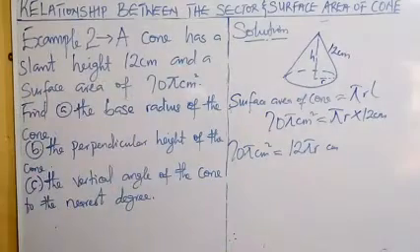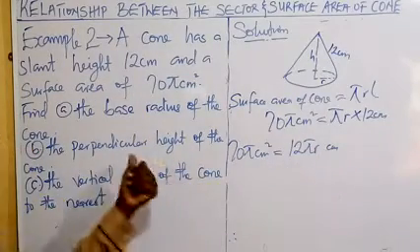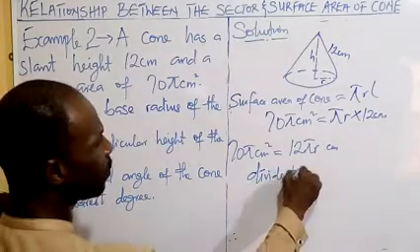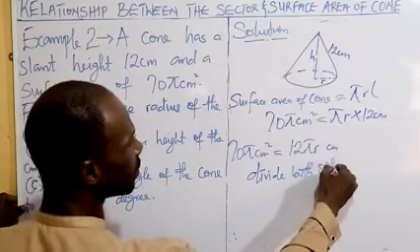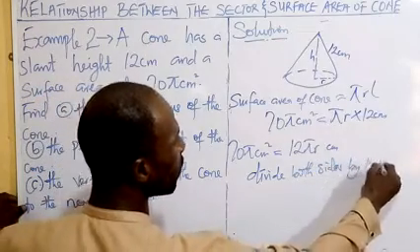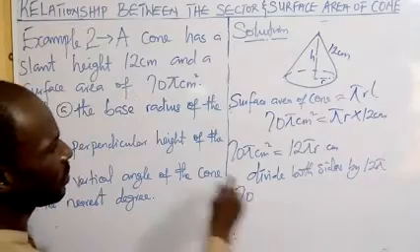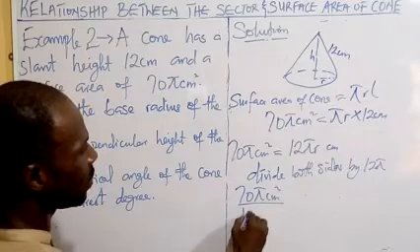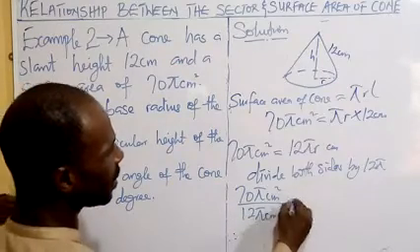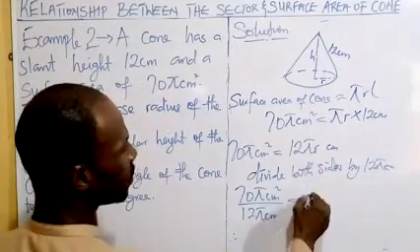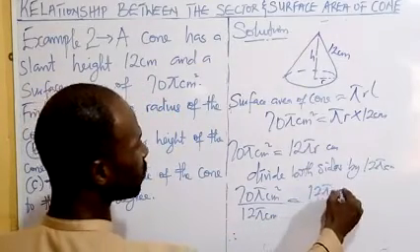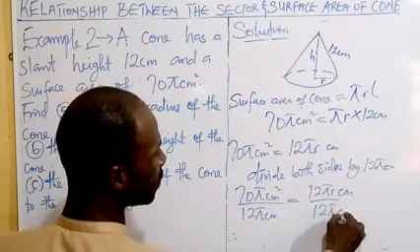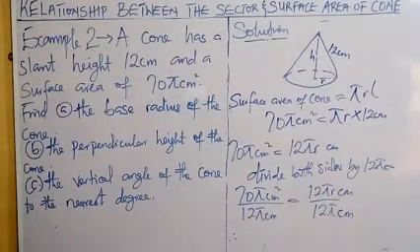To get the radius of the cone, we divide both sides by 12 pi. We have 70 pi centimeter square over 12 pi centimeter equals 12 pi r centimeter over 12 pi centimeter.